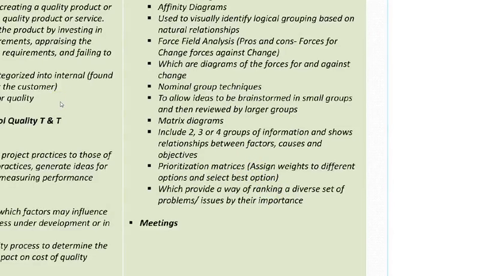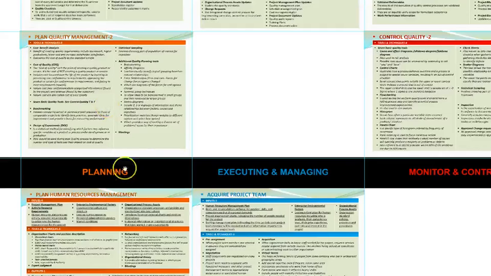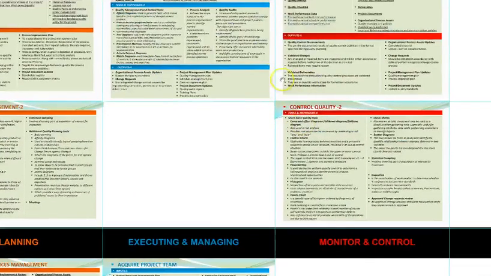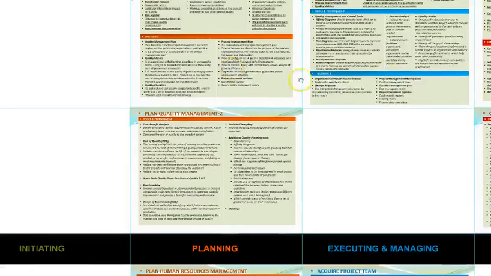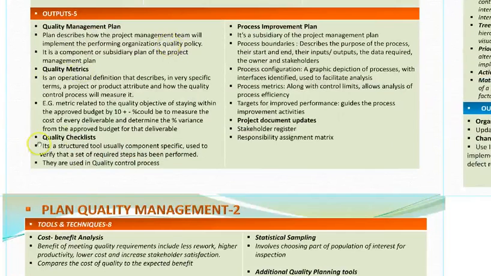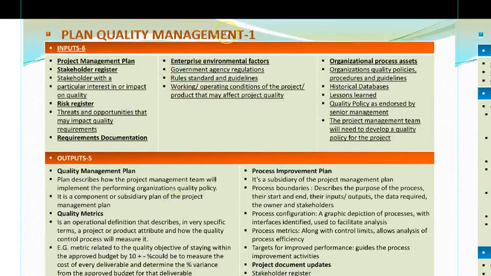Quality metrics, quality checklists, and process improvement plan are outputs to which process? So quality metrics, quality checklist, and process improvement plan, again they are outputs to the plan quality management process.